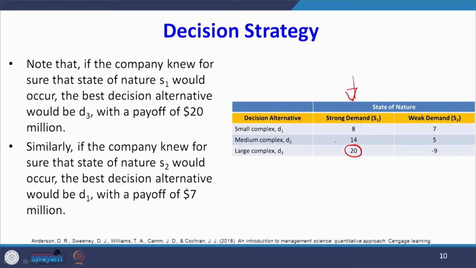Similarly, if the company knew for sure that the state of nature S2 would occur, the best decision alternative would be D1. So, if the company knows in advance the state of nature is going to be weak demand, we will go for this one, a payoff of $7 million.